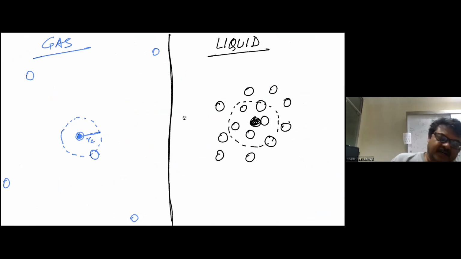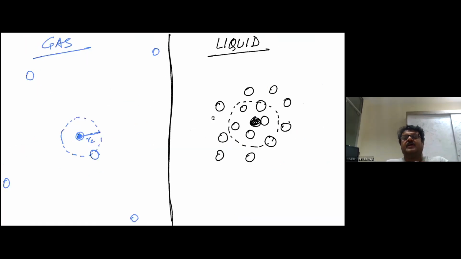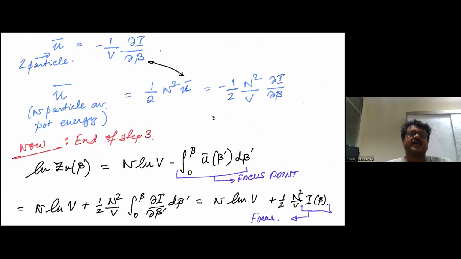But we are calculating the virial considering only pairwise interactions. We're going to extend it, but it's good to keep in mind the approximations that we are doing.